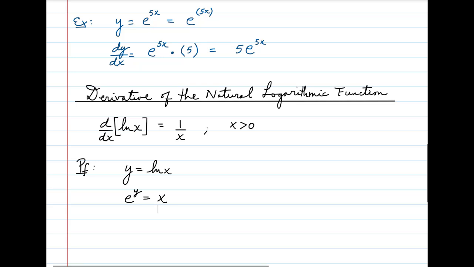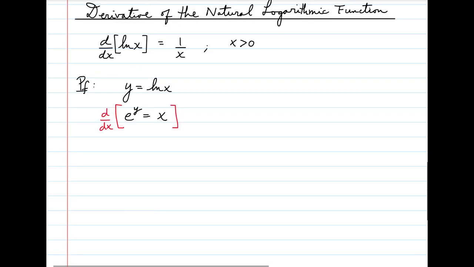And of course this rule is only going to work for x greater than 0, because that's the only domain where the logarithm makes sense. Okay, well if we have e to the y equal to x and we take the derivative with respect to x on both sides, then on the left side we have d of e to the y dx, equal to dx dx.